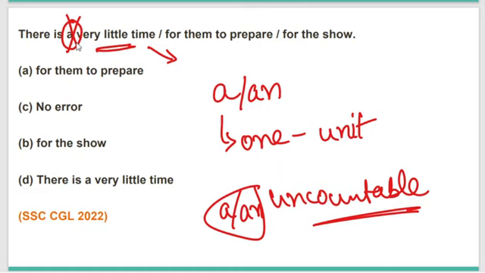That is, a show is going to be held for which certain time is given to them, and that is very short. We cannot use the letter a. But you will also find certain sentences where it will be given to you a very little time. That means very less amount of time, very small or very tiny, very minute amount of time.